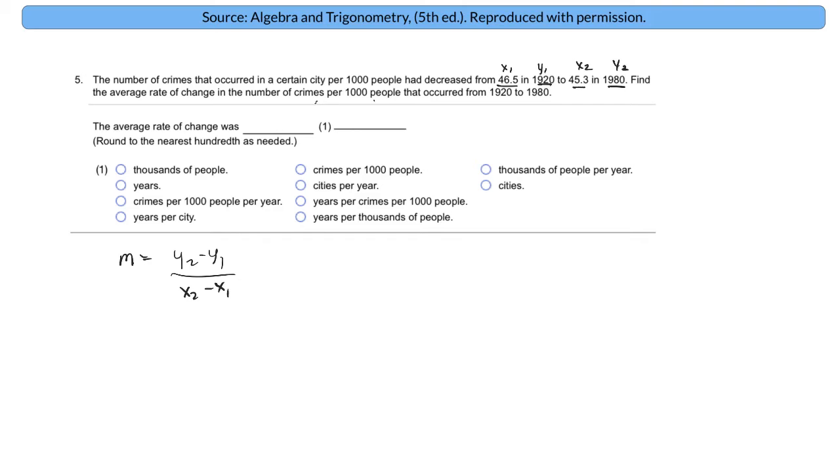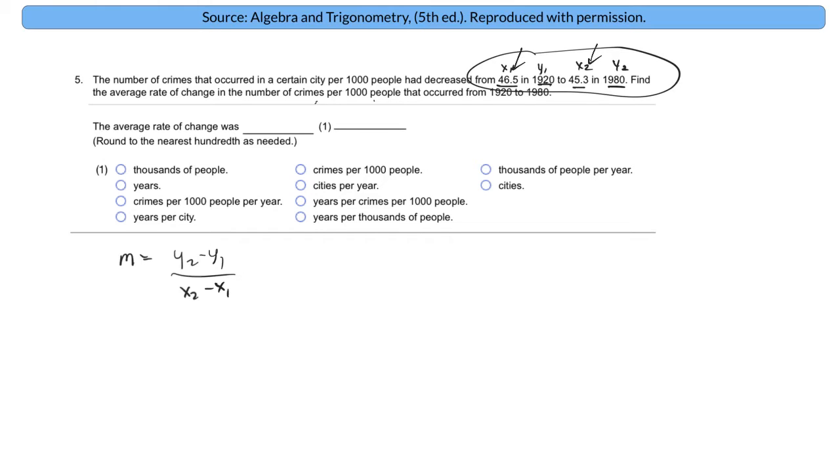And I think that's probably okay, but they're looking at the rate of change per number of crimes. If you had done it this way, I think that would have been okay. But I think in the answer, they want the 1920, the time, to be the x value, and the 46.5 and 45.3 to be the y value.